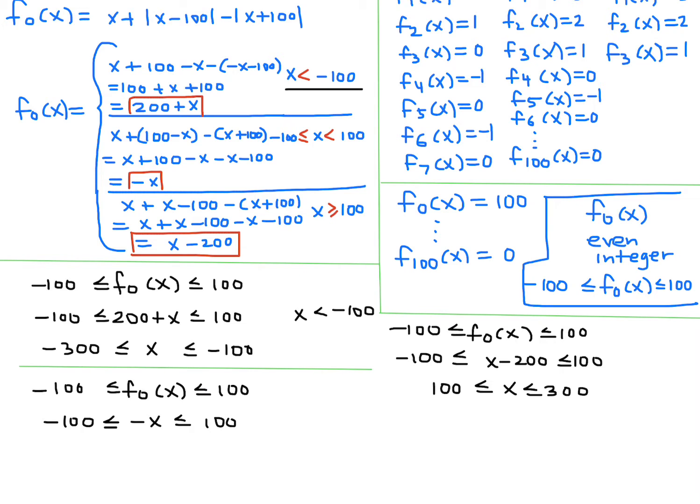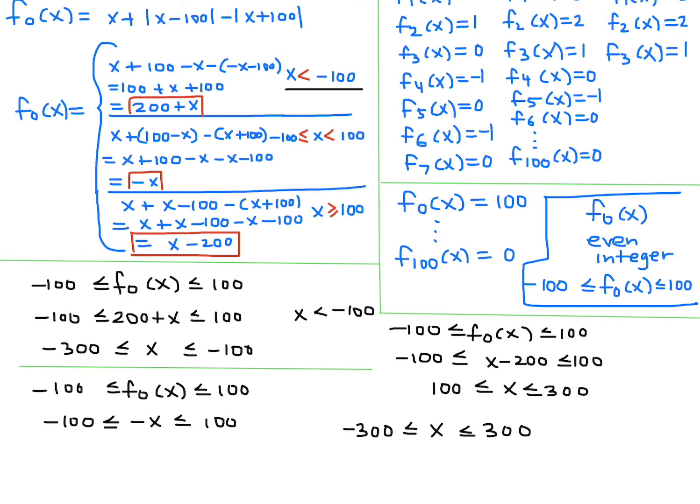So now we have to combine all of these. If you combine all of these, that means x is between -300 and it looks like we're going all the way to 300. And remember, x could be negative also. So this is perfectly fine the way it is. We don't need to worry about that. So we have x is between -300 and 300. We only want the even ones.